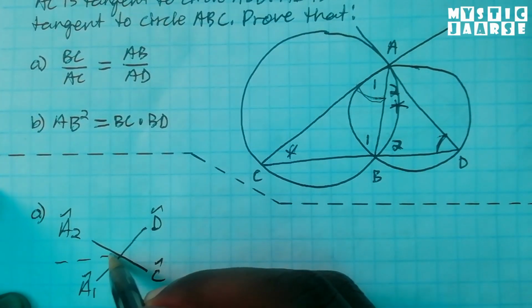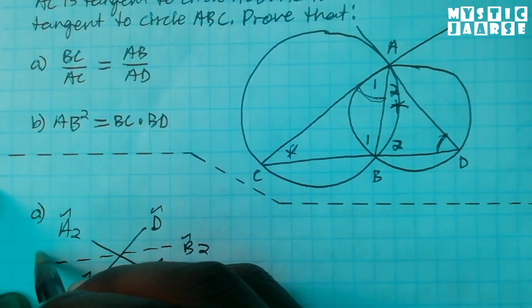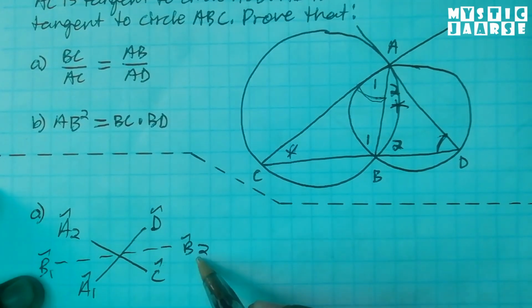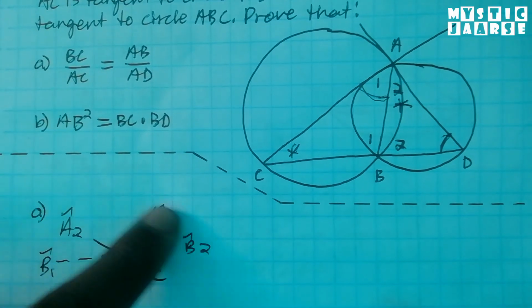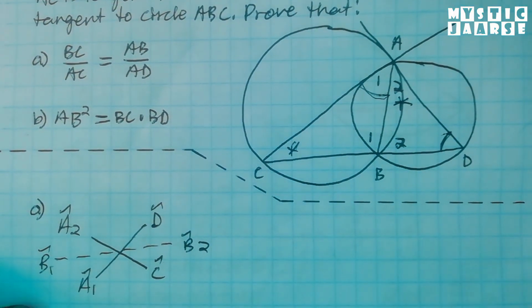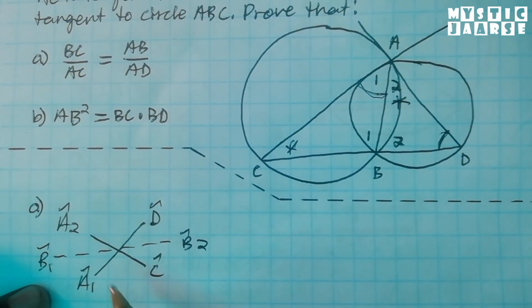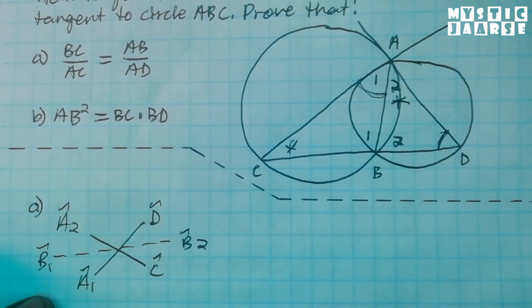So we will just say these are the third angle of a triangle, angle B1 and angle B2. So now we have the corresponding angles of our triangles. We need to name our triangles accordingly so that the corresponding angles match.